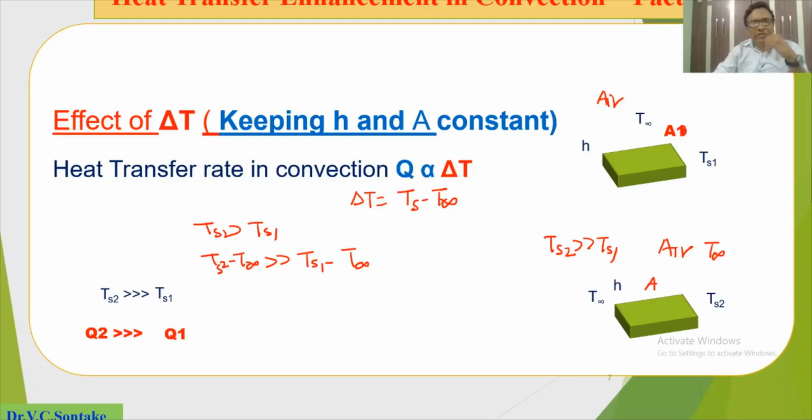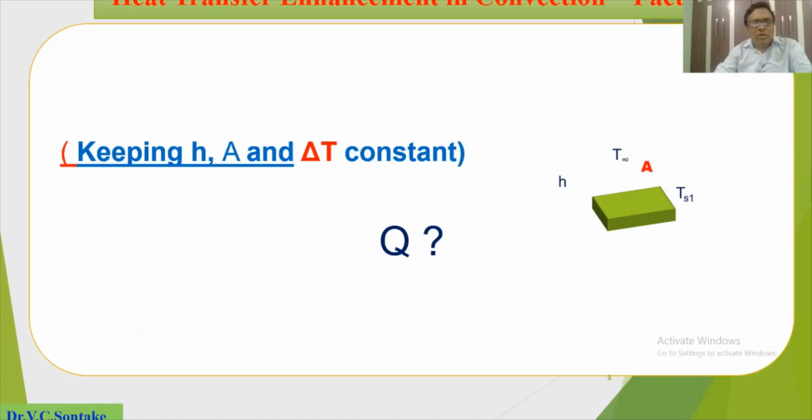So since Q is directly proportional to temperature difference, the heat transfer rate in the second case will be higher than the heat transfer rate in the first case. So from this analysis, what can I conclude? If we want to enhance the heat transfer rate in free convection particularly, we can do so by increasing either the h value, the A value, or the delta T value.